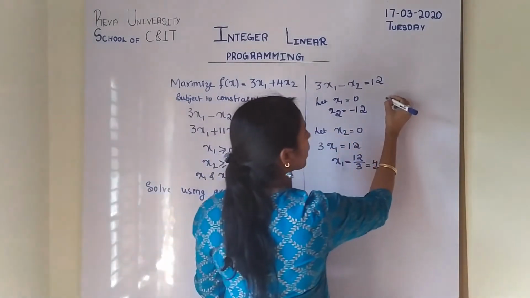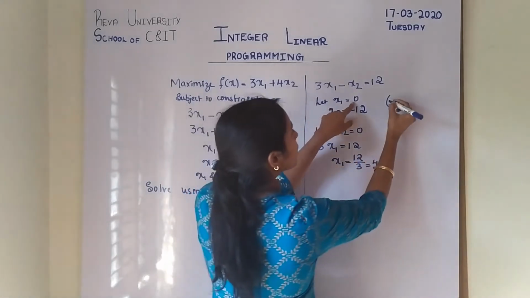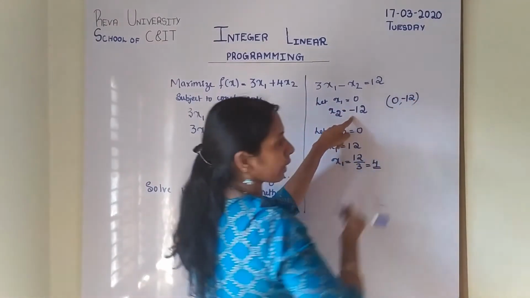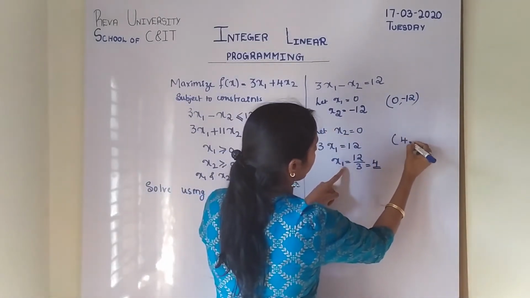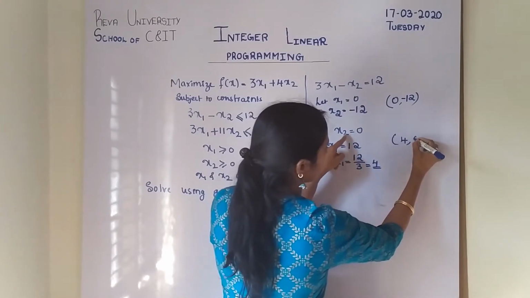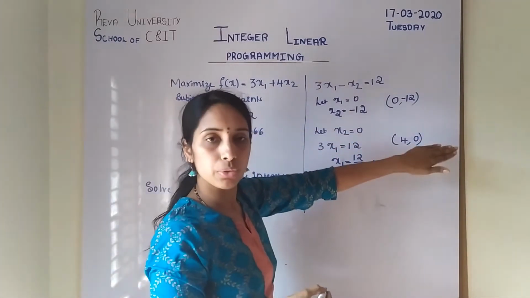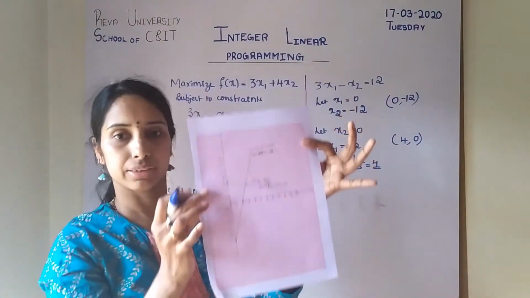Now write the sets of values: x1 is 0 and x2 is minus 12; in this case, x1 is 4 and x2 is equal to 0. This is one set of points to draw using the graphical method.